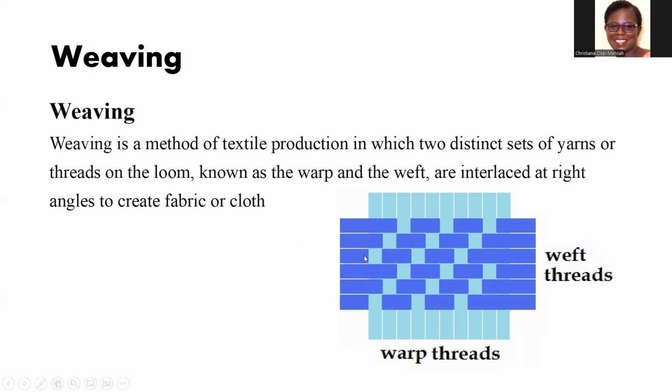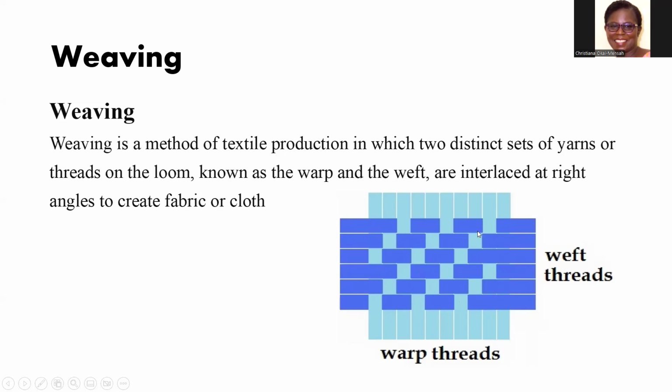You can see here, the yarns pointing to the top are called the warp or warp threads. Then the ones used to weave in between, interlacing, are called the weft. So we have the vertical warp and the horizontal weft.